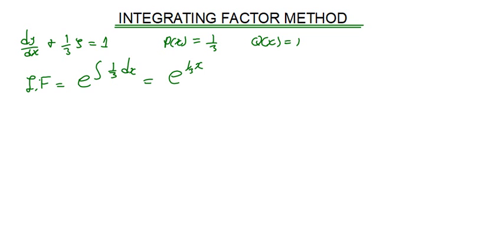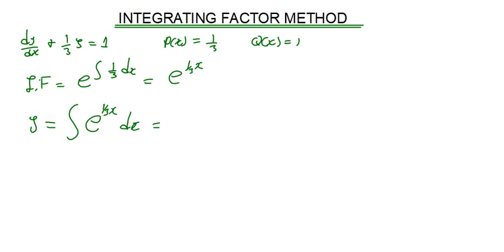Okay, so now we can say the solution y is going to be equal to the integral of the integrating factor multiplied by q of x, which is just a 1. So we are simply saying e to the power 1 over 3x dx.